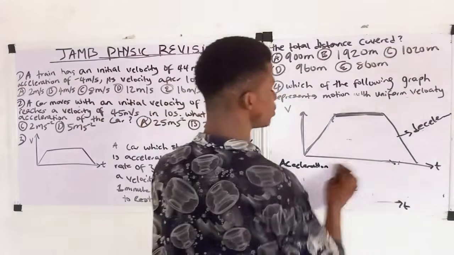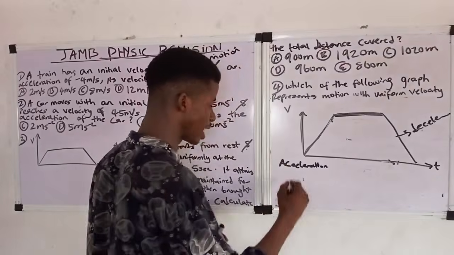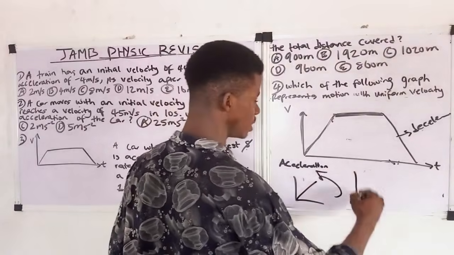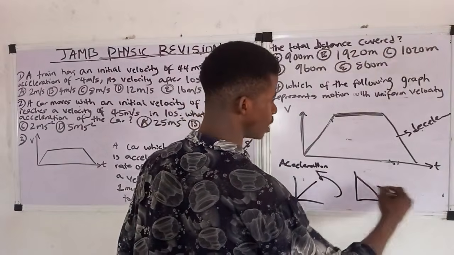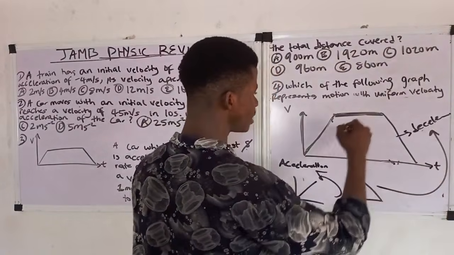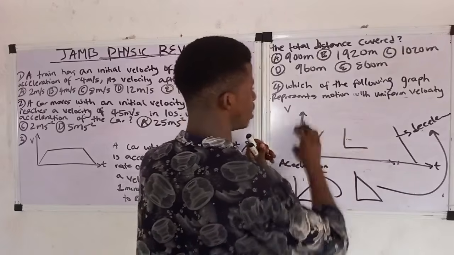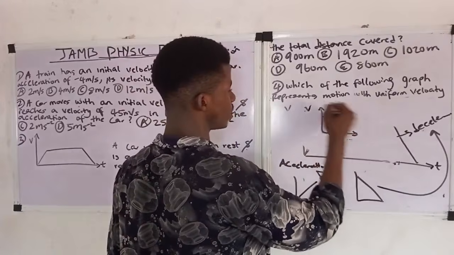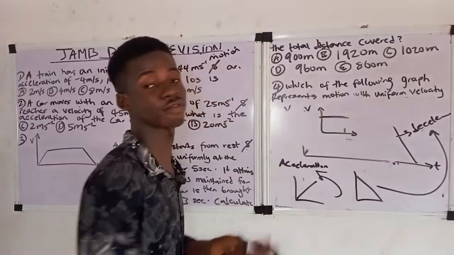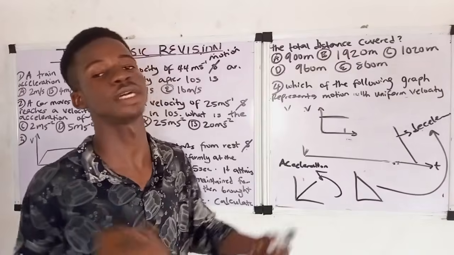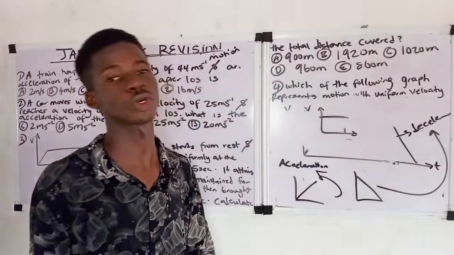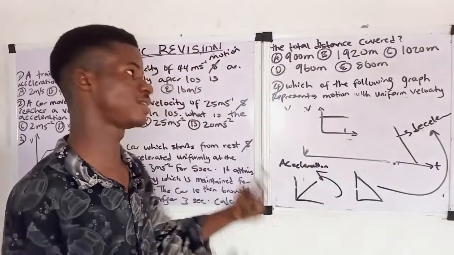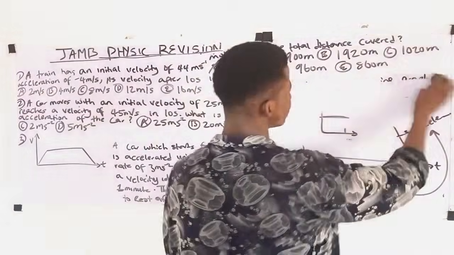So let's summarize: this graph here represents acceleration, this graph here represents deceleration, and this graph here represents uniform velocity, or constant velocity. This is very important, so take note of this. Now let's move to the next question.